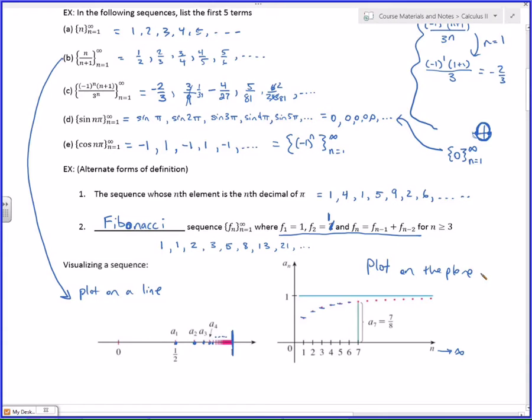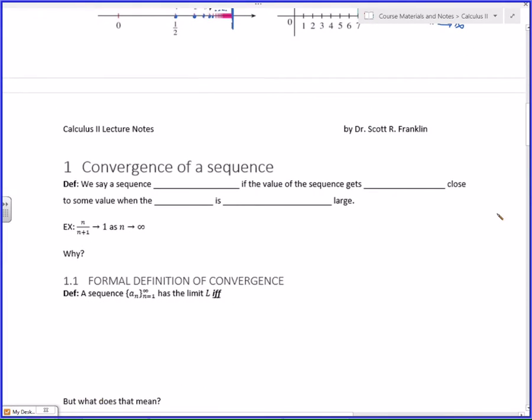Now, in both of these cases, as you see them, they're getting close to something, and so we want to talk about what it means to converge as a sequence. Informally you can say it looks like it's getting close to, but mathematically we need something better than what it looks like. So, for convergence of a sequence, we're going to come up with a formal definition, the same way that there was a formal definition for the limit.